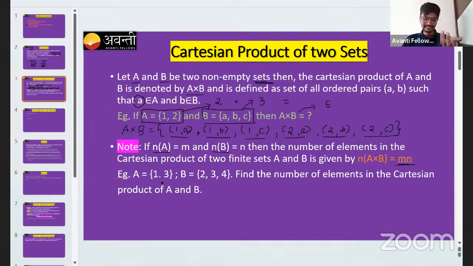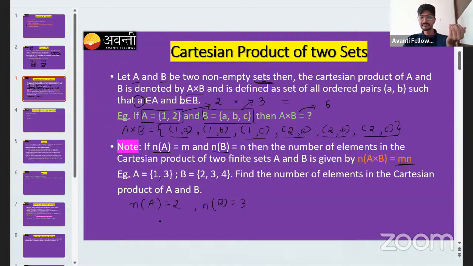So again, let us understand it more clearly with the help of this example. It is a very similar example, but just for understanding. A has how many elements? Number of elements of A is 2. B has how many elements? Number of elements of B is 3.